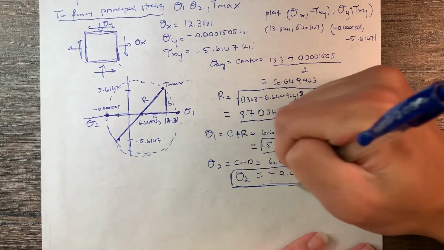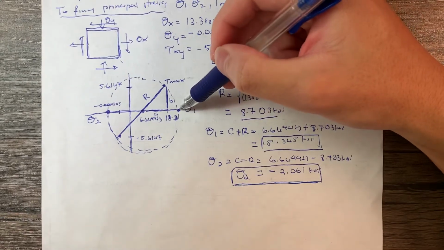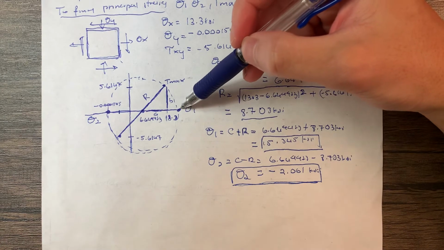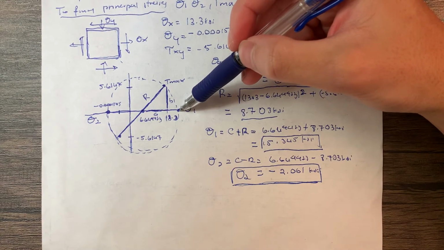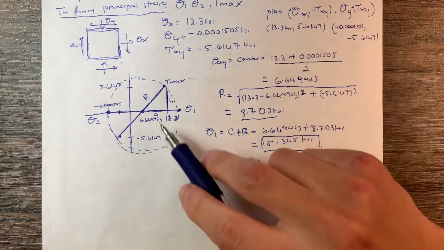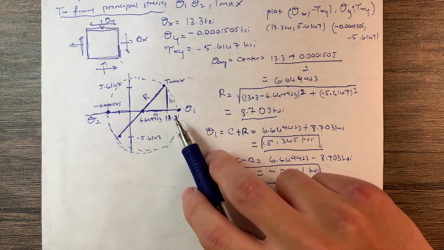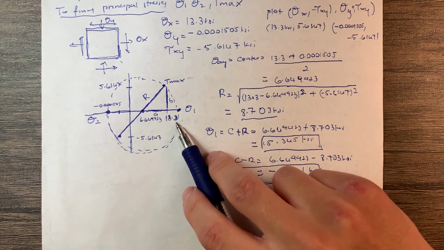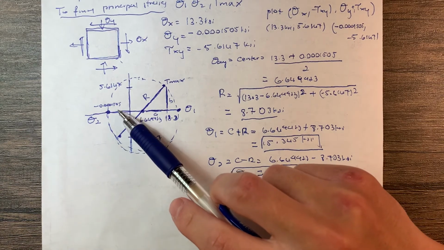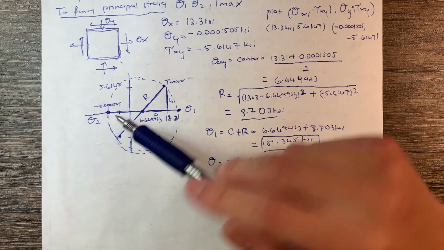If you want to check, the ends of the circle on the x-axis are sigma 1 and sigma 2. Here is our point, 13.3, so sigma 1 should be greater than 13.3, and sigma 2 should be less than sigma y, and it is.